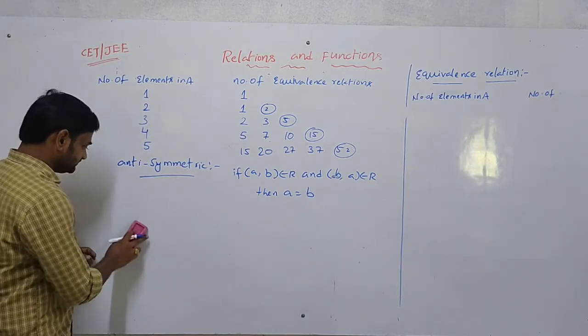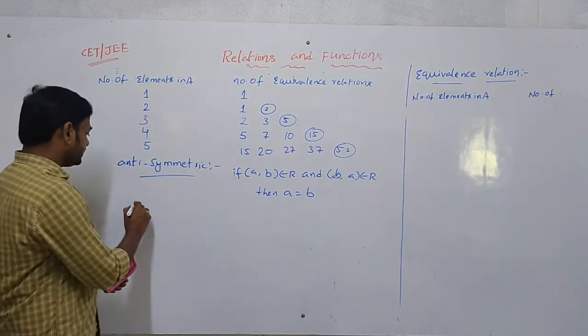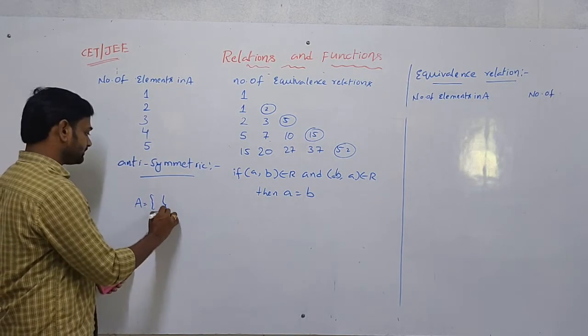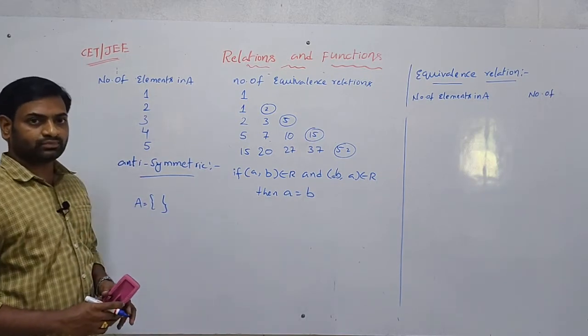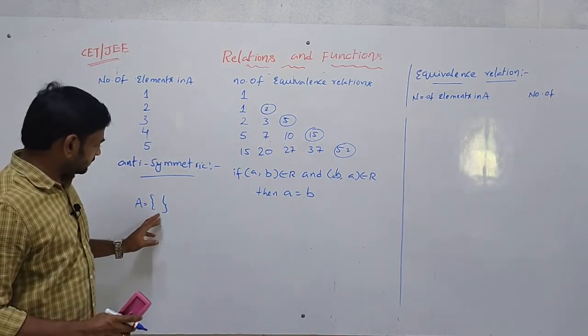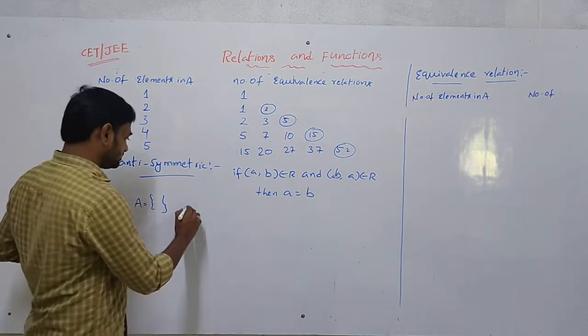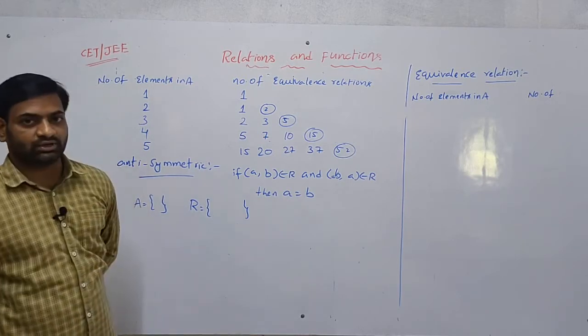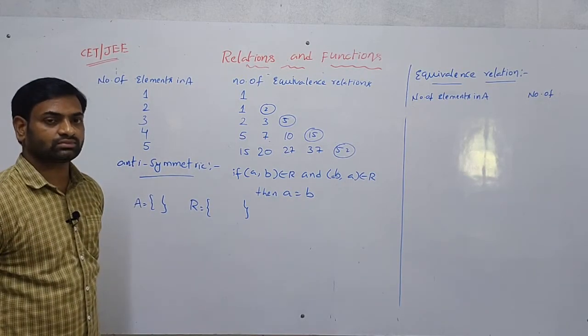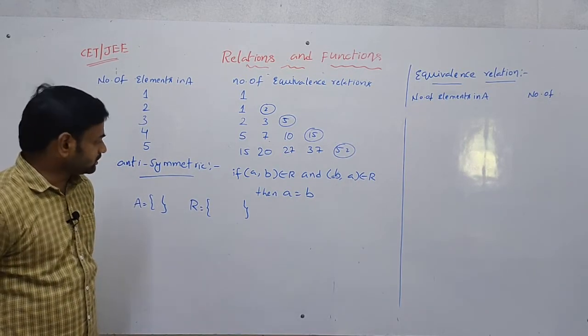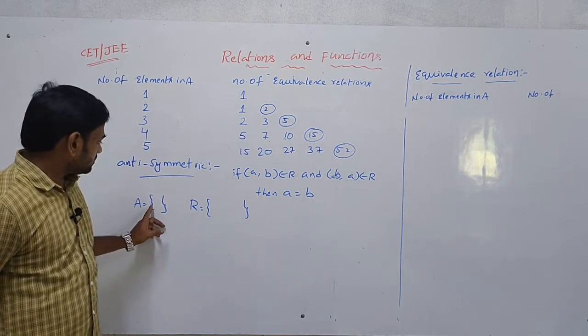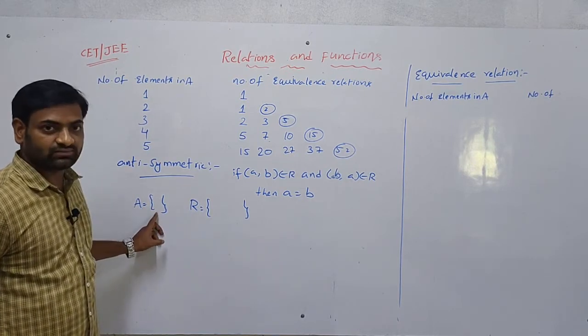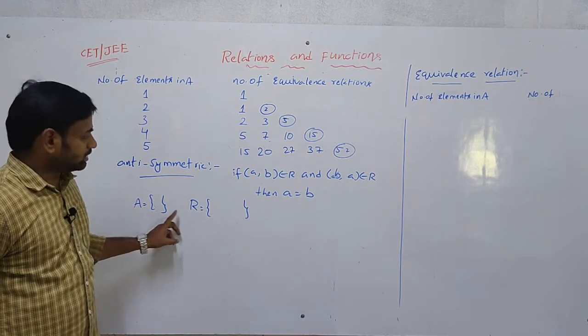Next, see here. One question is, I am taking capital A as the empty set. The relation is also empty. I am taking capital A as the empty set and R is empty.